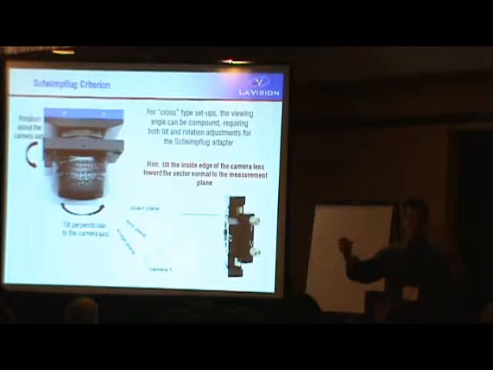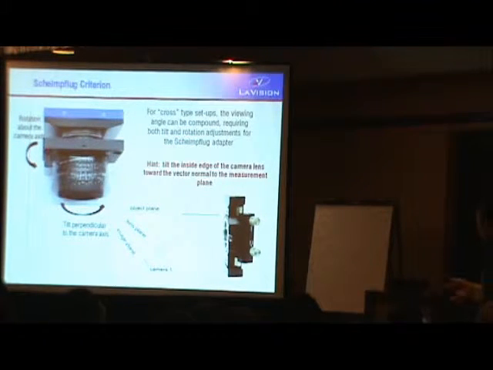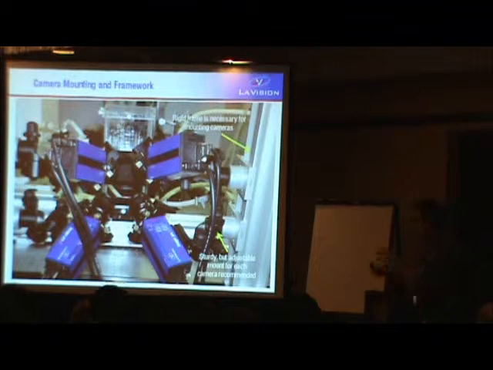The two cameras that are in the horizontal plane have a horizontal Scheimpflug angle, and the cameras in the vertical plane have a vertical Scheimpflug angle, just the orientation of your Scheimpflug mount. But if you have this type of setup, and this is very common, you sometimes don't have all the freedom that you want to mount your cameras according to the structure you would have.